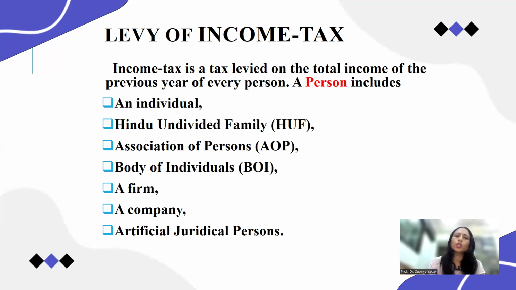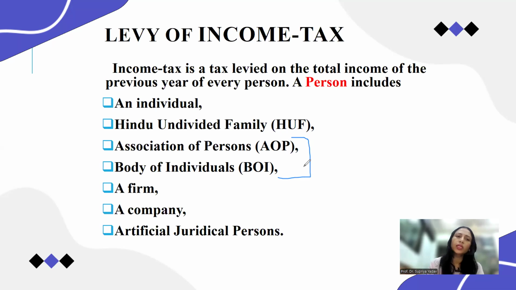Okay, then association of persons. What is association of persons? These two things we will understand at one point of time, because these two are related: the association of persons and body of individuals. Body of individuals means we are the individuals. I am, or my friend, or my husband, my mother, my father, all are individuals.